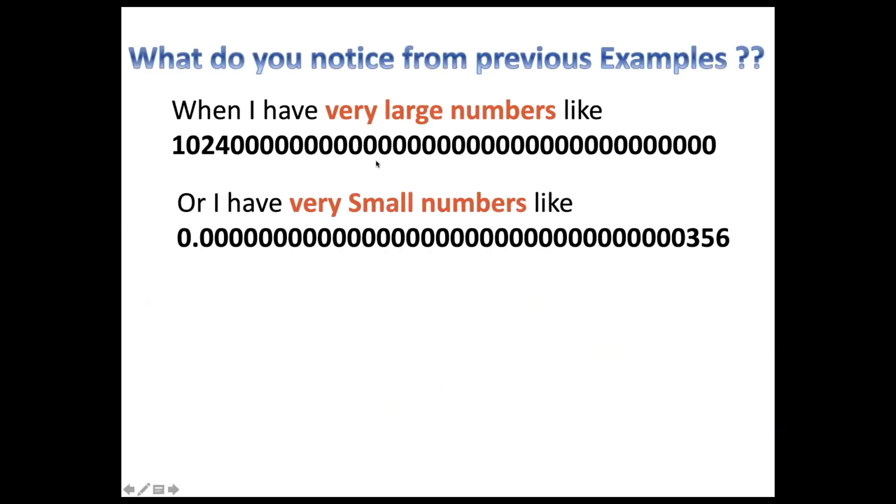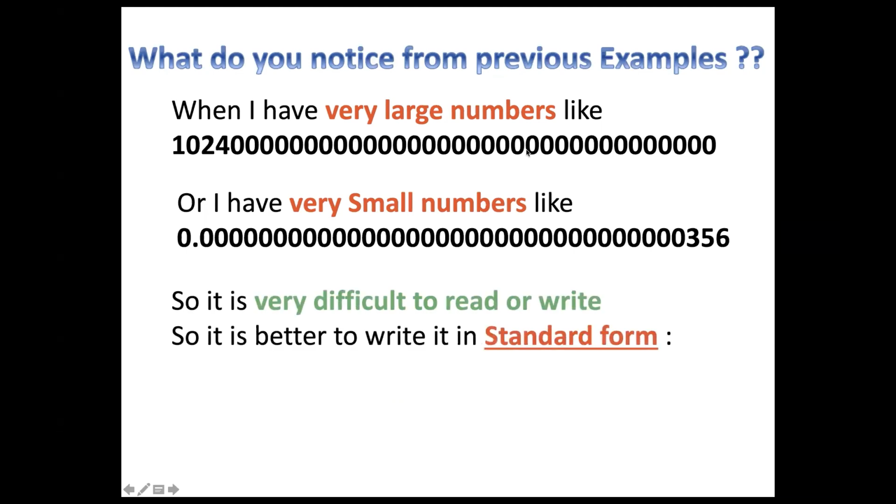If I need to read or write a huge, very large number or a very small number, I can't do that until I change them into the standard scientific notation. Why? Because it's very difficult to read or write the number as you see here in the first and second examples. So how can we do that?